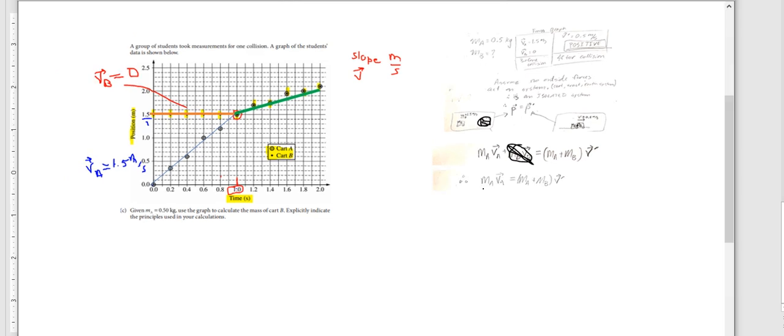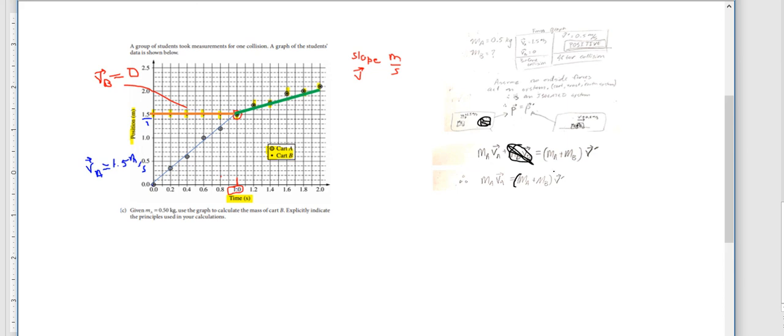Just cross that out because it doesn't exist. And then I've got the two stuck together, mass of A plus mass of B times V prime. Okay, so that leaves us with mass A times velocity A equals mass of A and B added together times velocity prime.